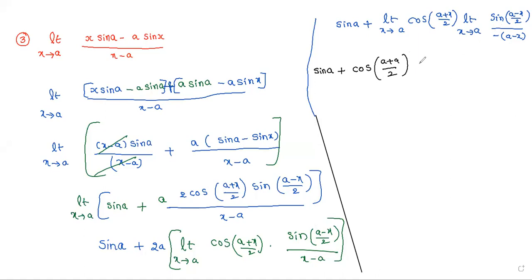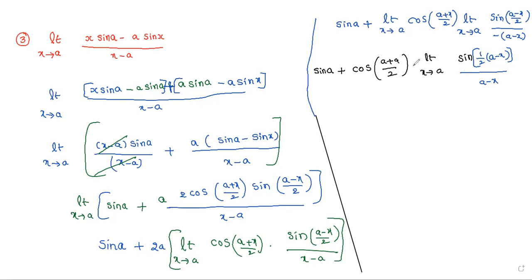So this is the indeterminate term, and using the formula, limit x tends to a of 1 by 2 of sin of 1 by 2 of (a minus x) by (a minus x).